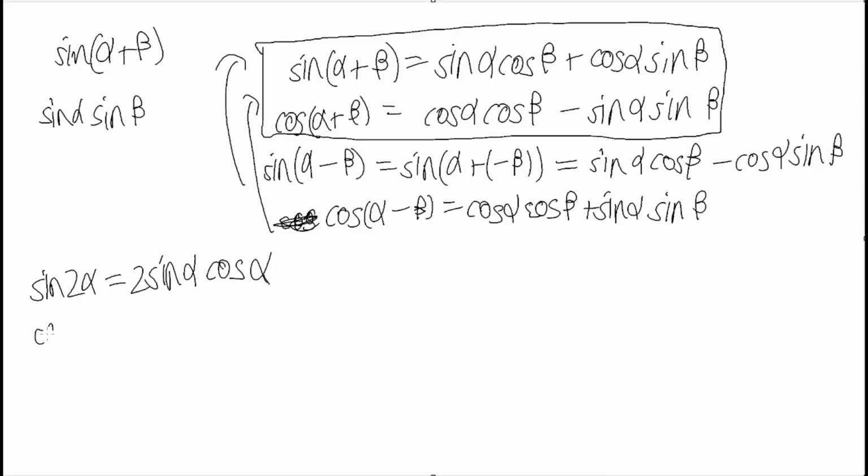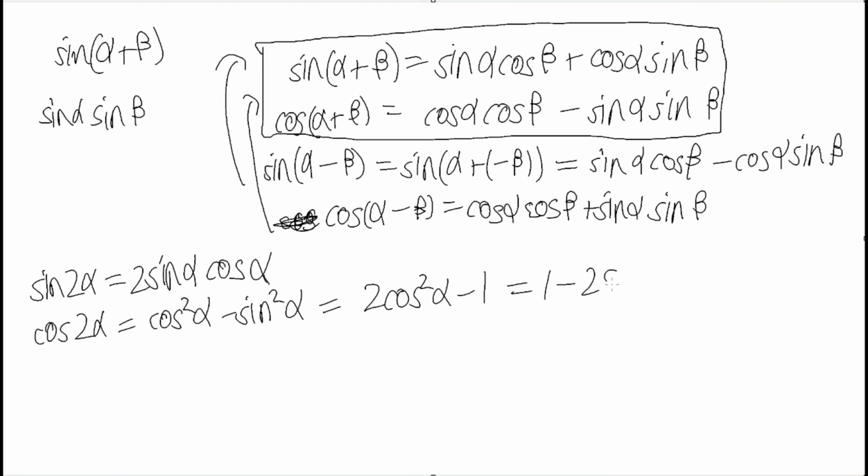And similarly, cosine 2 alpha is equal to, when we plug it in here, cosine squared alpha minus sine squared alpha. And this has other forms such as 2 cosine squared alpha minus 1 and 1 minus 2 sine squared alpha by using the fact that sine squared plus cosine squared is equal to 1.